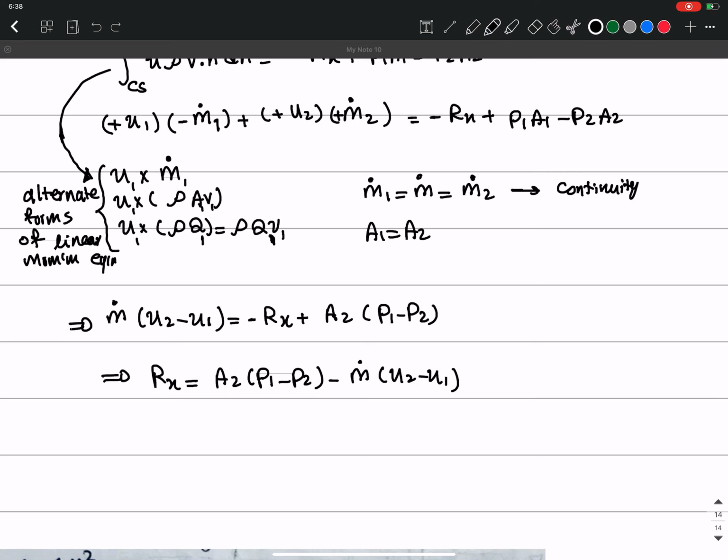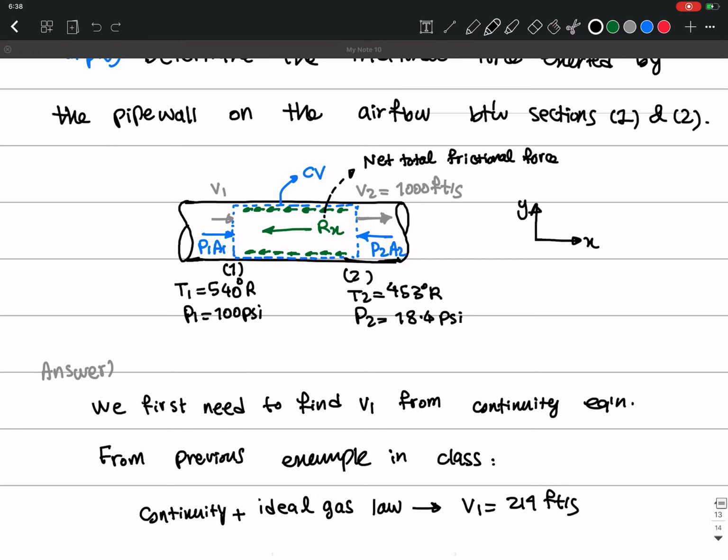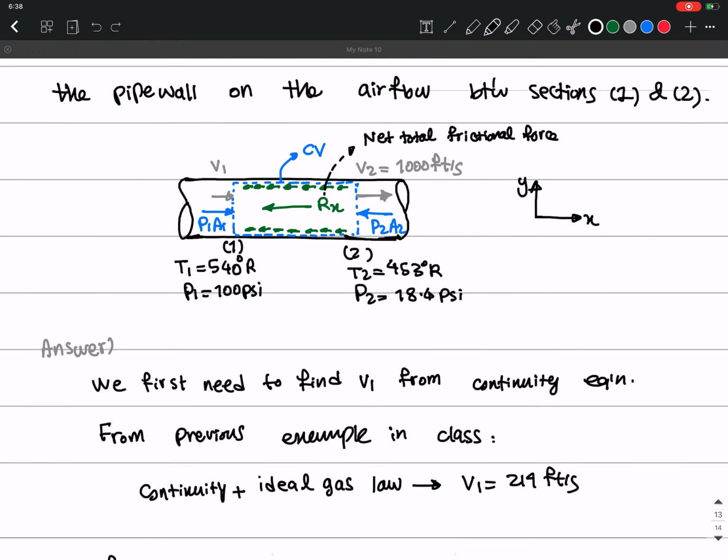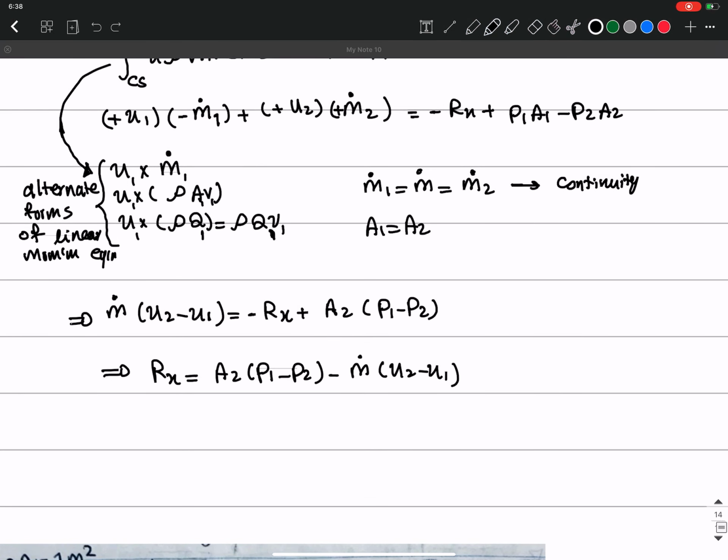A2 is pi D2 square over 4 if this is a circle, cylinder. And m dot is what? It is rho 2 A2 U2. I can write this as this.